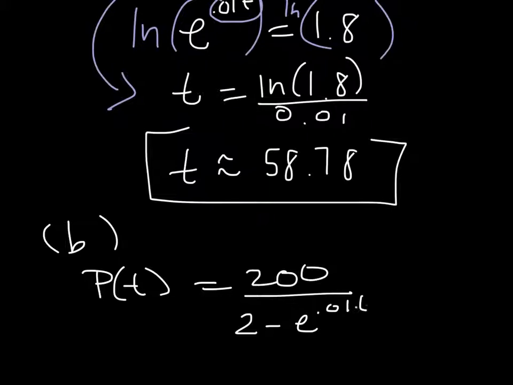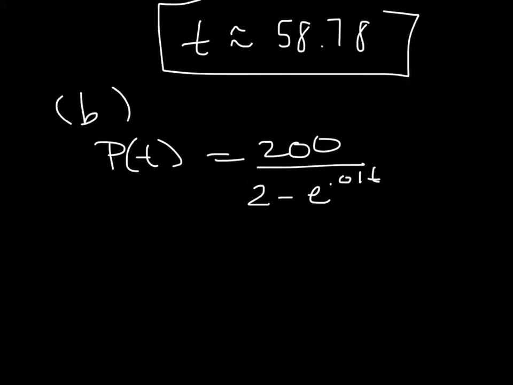With 0.01t. Doomsday is definitely going to occur when my denominator approaches 0, because it's without bound. It's going to explode. There's no horizontal asymptote, there's no limit. So doomsday occurs when this expression approaches 0.